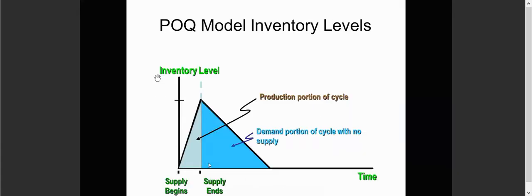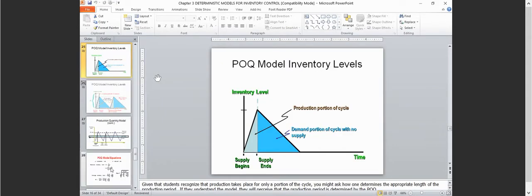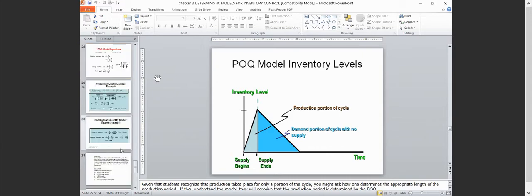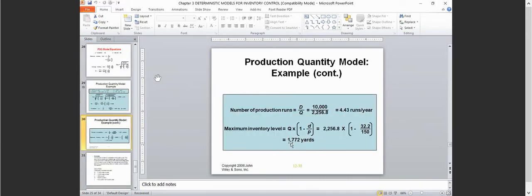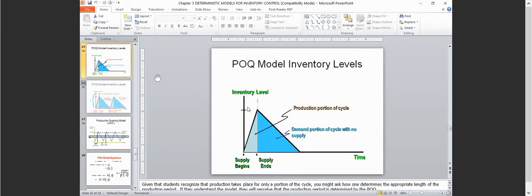Based on this figure, the maximum inventory level will be here. Let's say we have a maximum inventory level of 1772 based on this figure. So the production run, so we have the production.